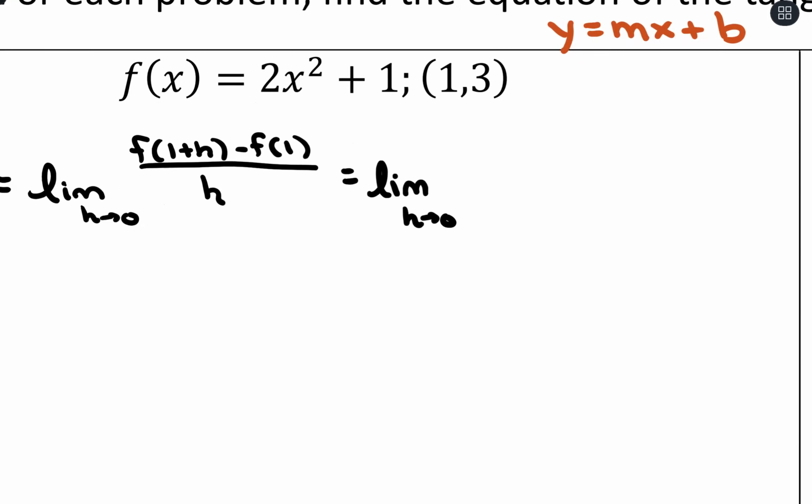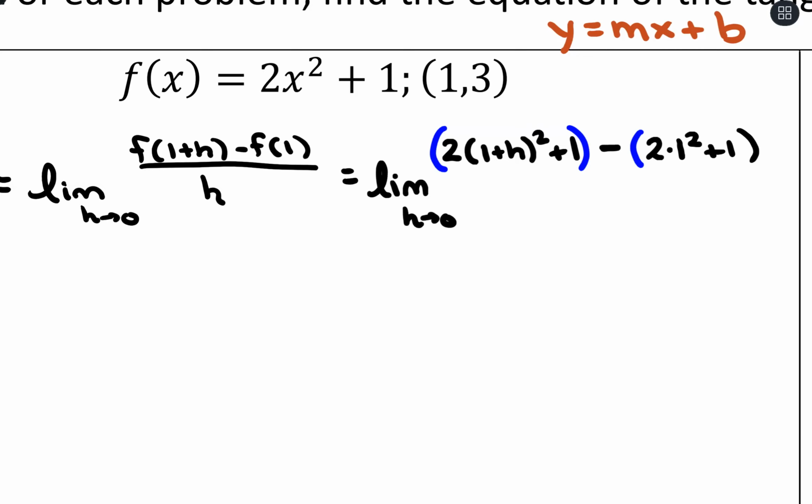So limit as h approaches 0, we're doing 2 times 1 plus h squared plus 1. So there's the f of 1 plus h, and then we're subtracting and just plugging in 1, which should always simplify to a single value, but just to show my work, 2 times 1 squared plus 1, all over h.